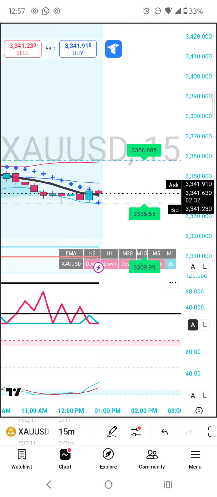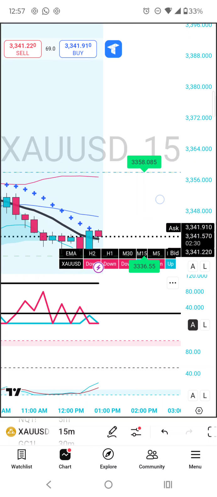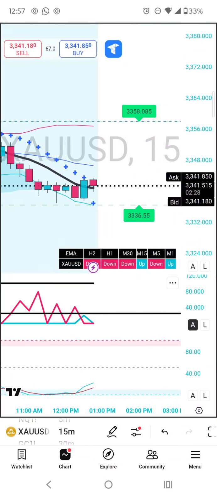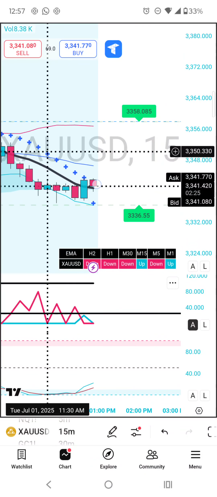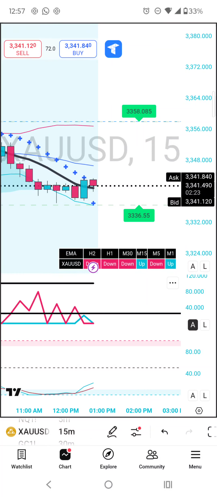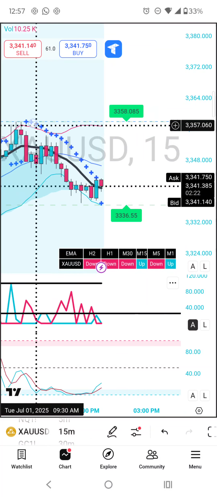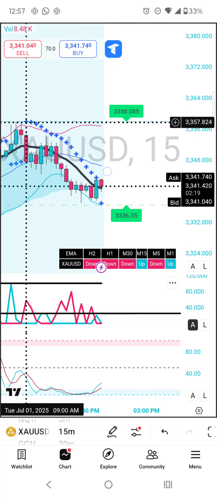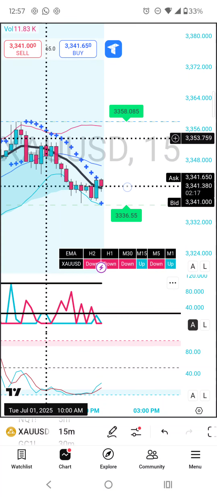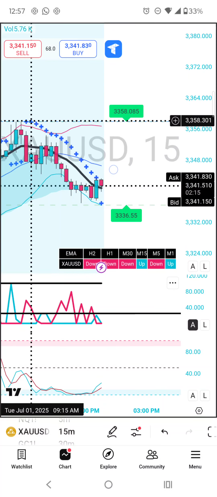15-minute. Now, with these parabolic SARs, it kind of just gives you the trend, starting from the 15-minute and down. I don't mention it on the higher time frames because it doesn't really help as much.